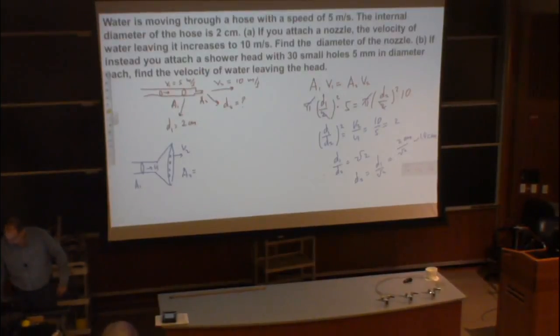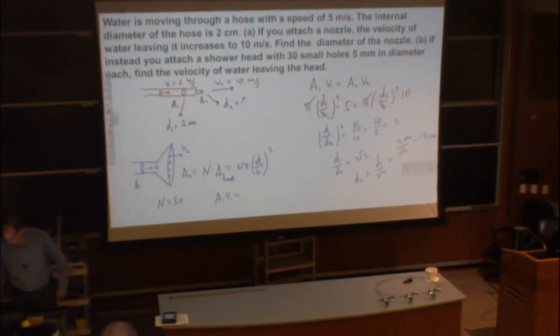So we know the number of holes, n, 30, and each hole has a certain area, so it's n times pi times diameter over 2 squared for the holes. And we can write the same equation again.